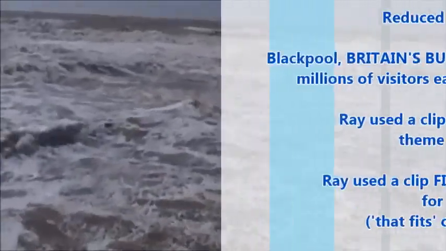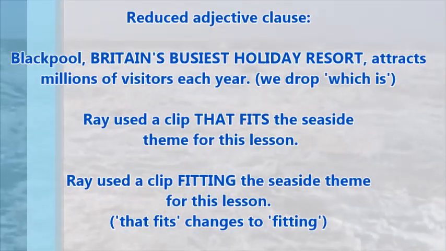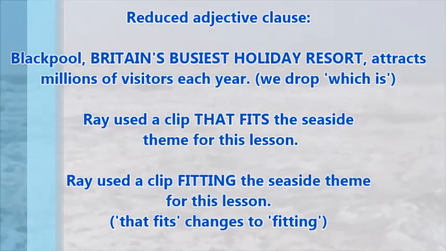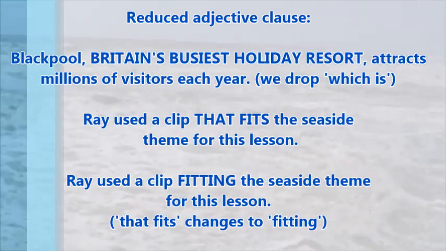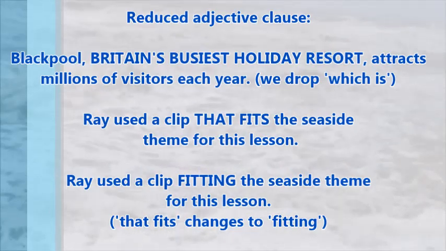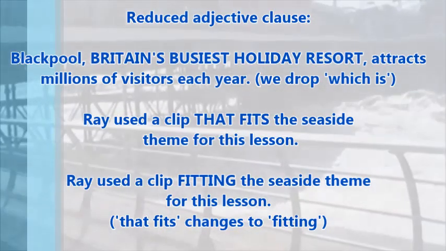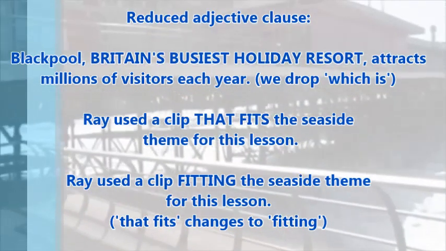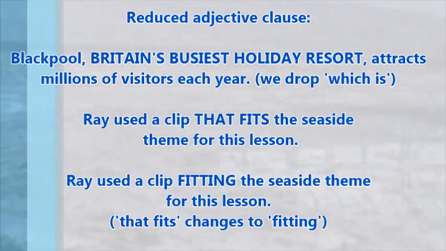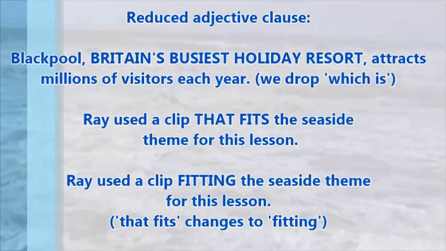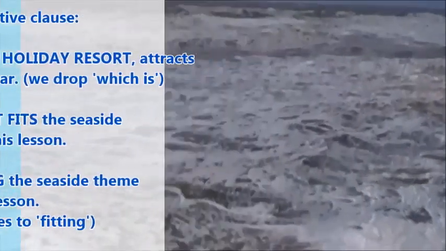Okay, so the reduced adjective clause: Blackpool, Britain's busiest holiday resort, attracts millions of visitors each year. We drop which is. Okay, Ray used a clip that fits the seaside theme for this lesson. We can change that. Ray used a clip fitting the seaside theme for this lesson.